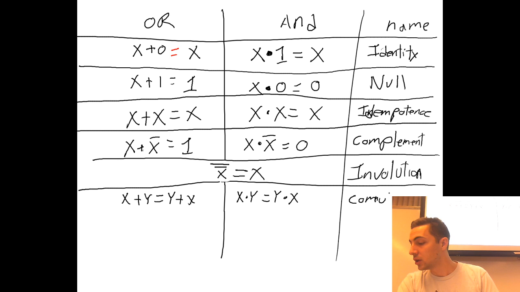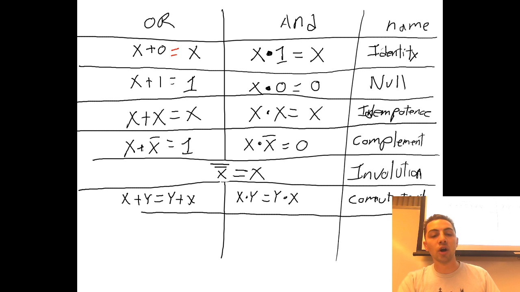Two m's, commutativity. And also, if we have nothing but ORs, for example, x OR y OR z, it doesn't matter what order we do it in.